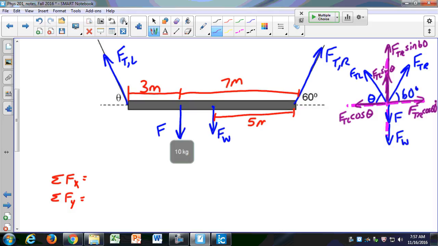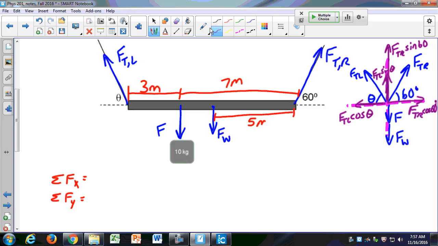So all I did is write down all the vectors that I have, and then I resolved FTL and FTR into their X and Y components, because those aren't on axis, and so you'll need to resolve them. You'll encounter similar questions. In fact, there was a very similar question to this on the take-home that you'll see. It's a little bit different, but similar.